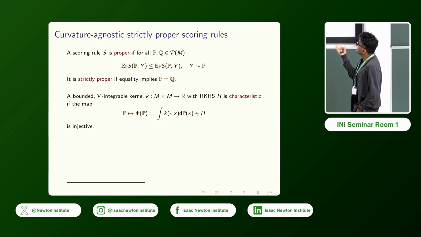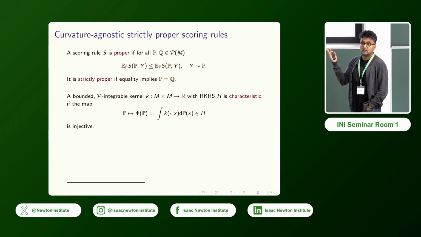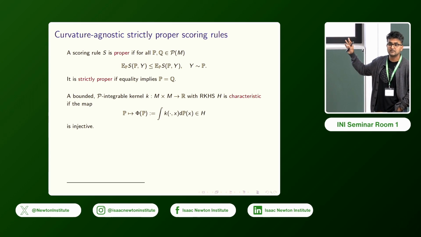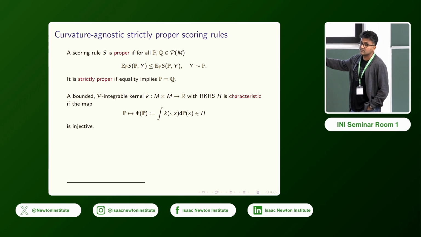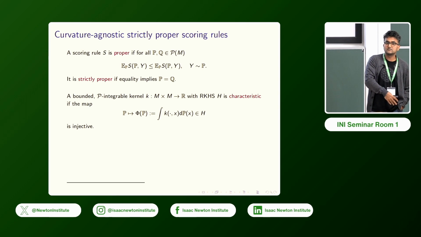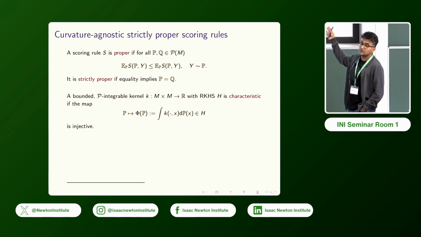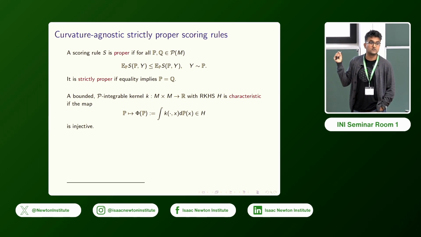Now, one can define a kernel score on a manifold which will be strictly proper, effectively by starting off with a kernel which is characteristic in the usual sense, meaning that there is a mapping from the space of probability measures to an RKHS which is injective for the given choice of kernel.